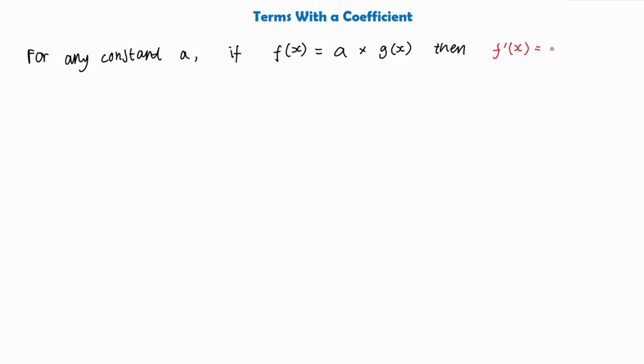The a stays the same, nothing happens to the coefficient, and we multiply it by the derivative of g of x.